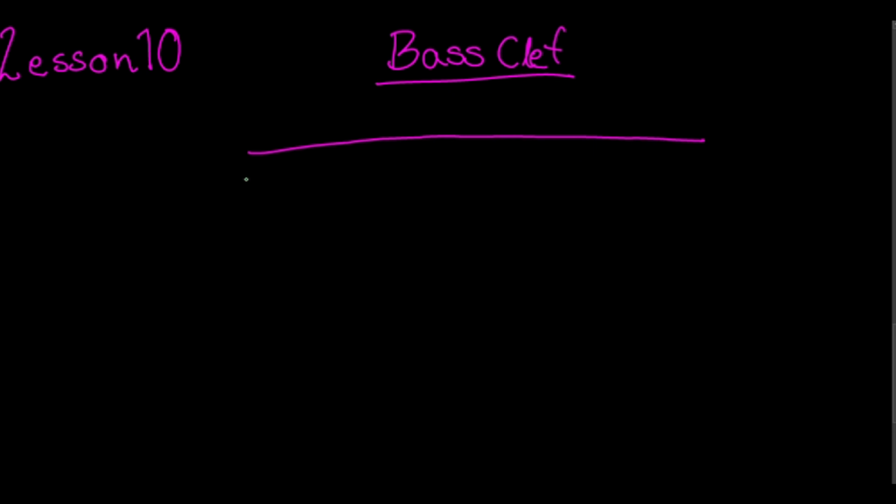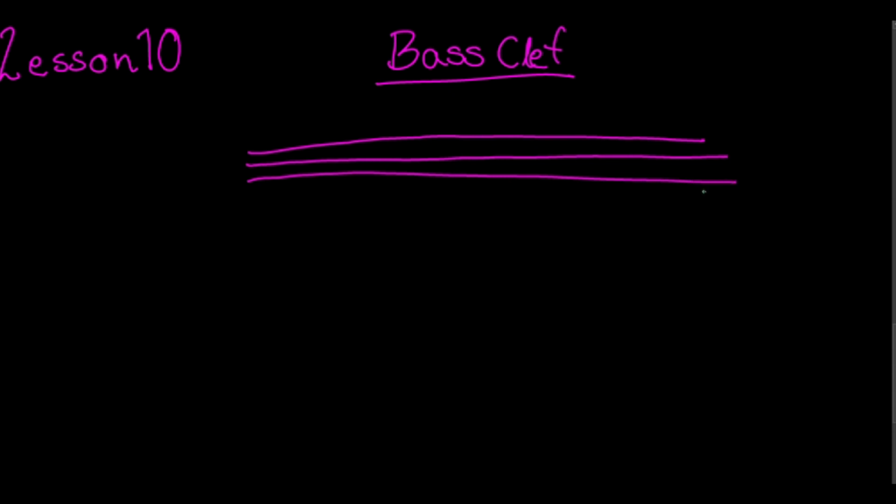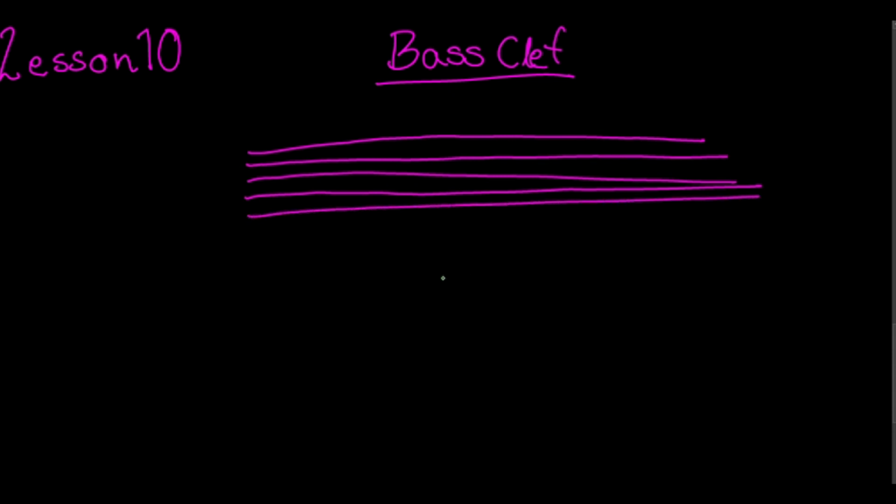So, we use the bass clef mainly when we want to write for instruments that play in a comparatively lower register. So stuff like the cello, the bassoon, tuba, all of which you would write for with the bass clef. And just like the treble clef, the bass clef has its own system for what exactly the lines and spaces happen to be.